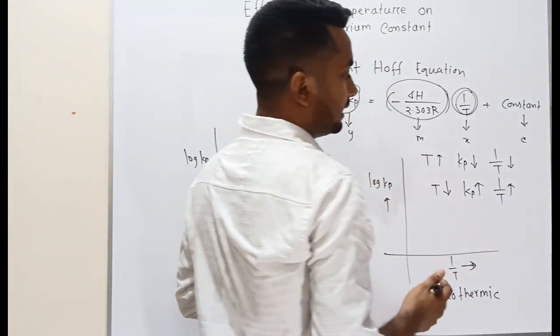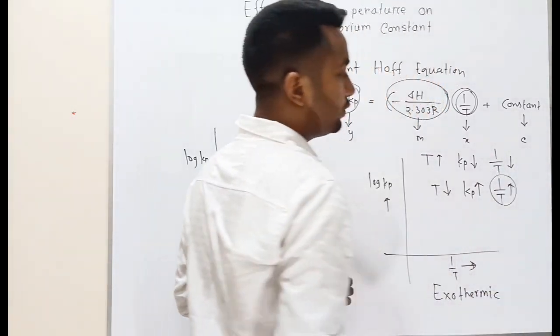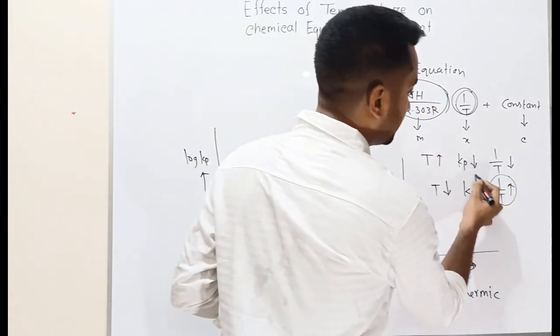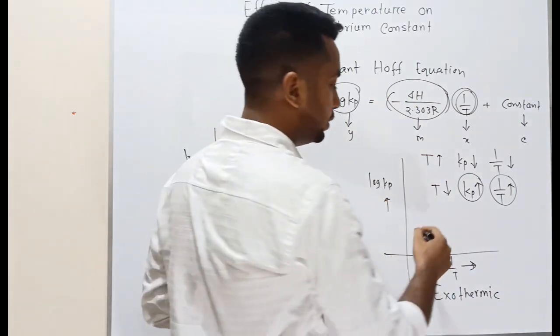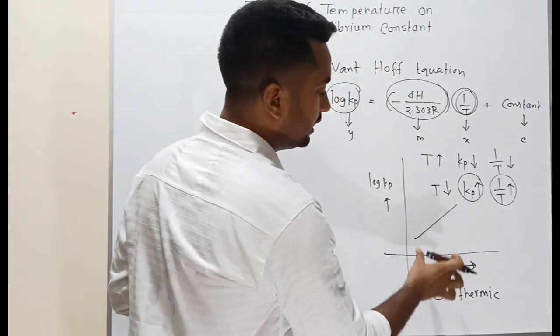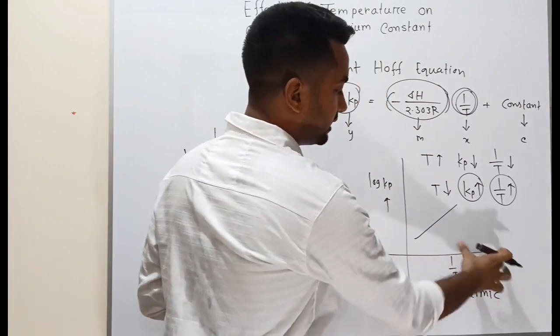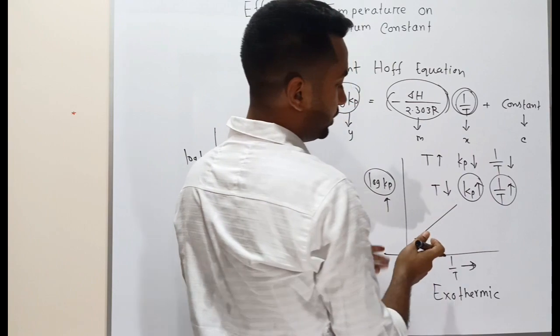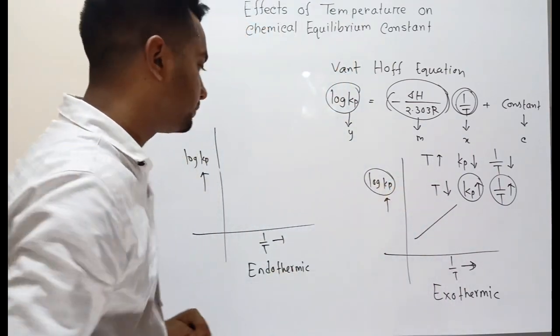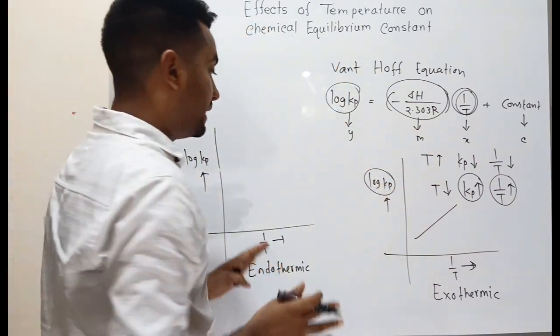So we will have a straight line like this, where log Kp increases as 1 by T increases.